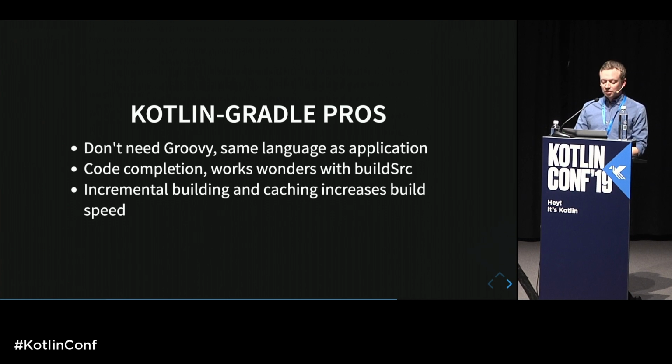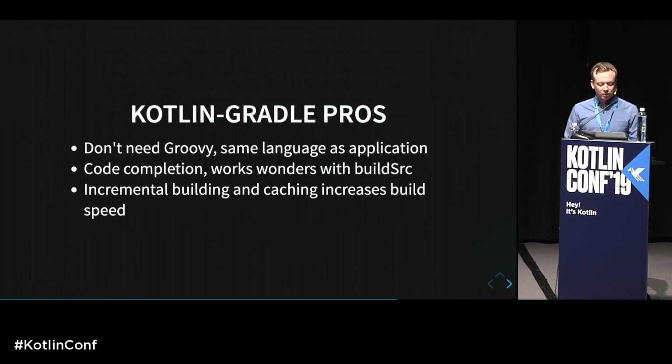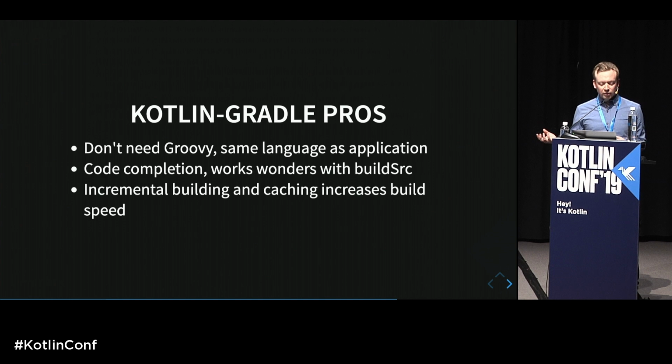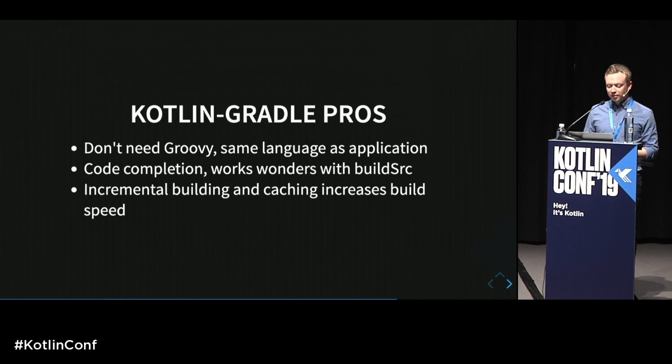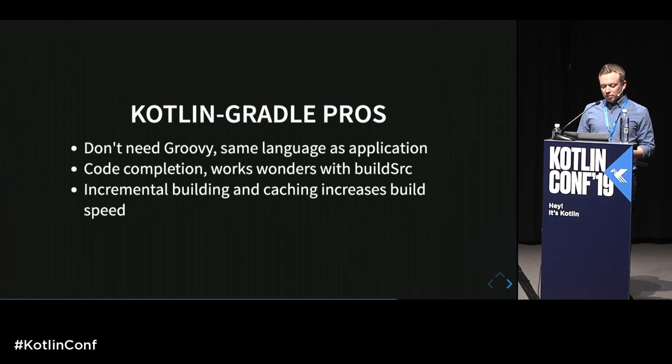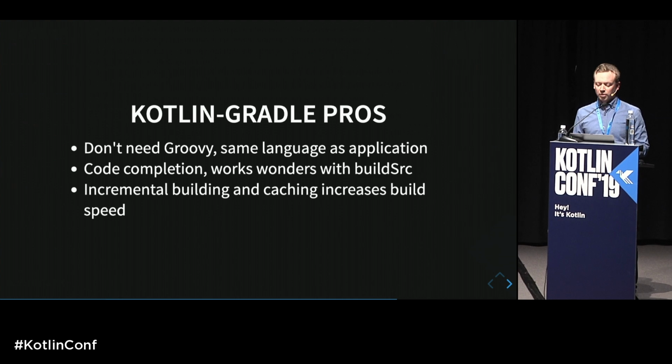It works wonders with build source, so you can extract the versions and stuff like that into build source. Incremental build and caching increases build speed. So we're using it. It works well. Hopefully the speed will improve, but actually all our services are converted into Kotlin Gradle at this point in Aurora.